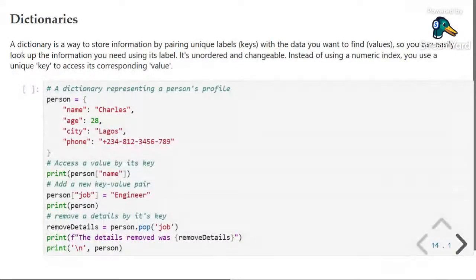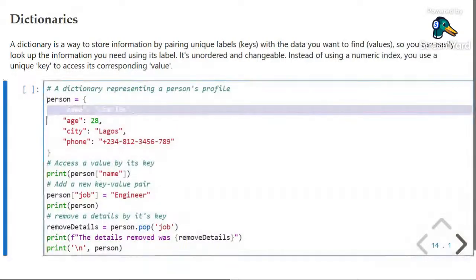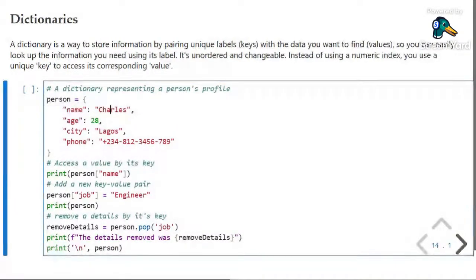You create the profile using this. The name here is the key, and the Charles here is the value. The age here is the key, and the 28 here is the value. City, same to every other information here. So if you want to access a value by its key, you go directly to get the key.